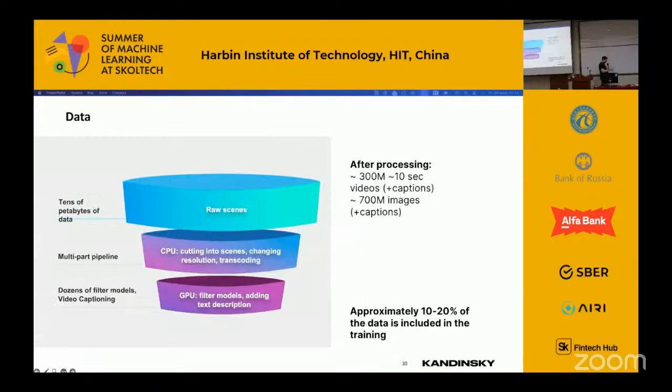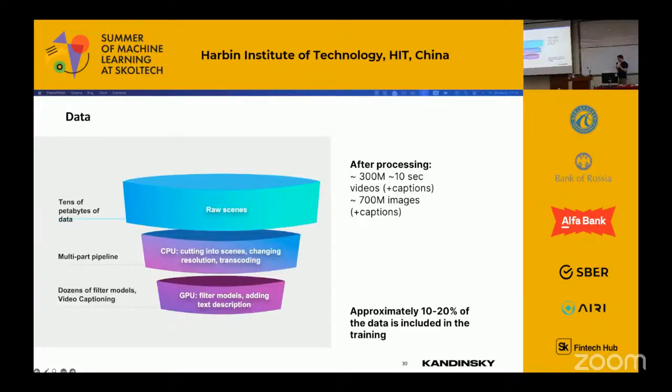And the last important thing here is the data. You need a lot of data, as I said, for the pre-train step. But you should not only download the data, you should filter it.